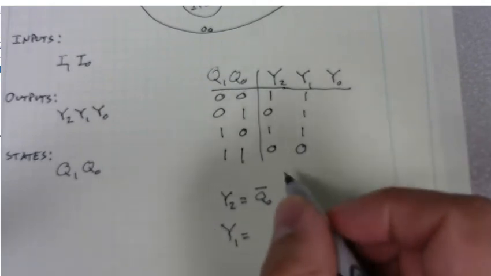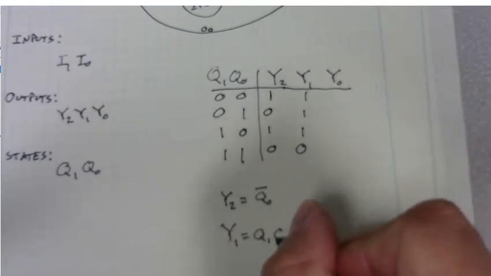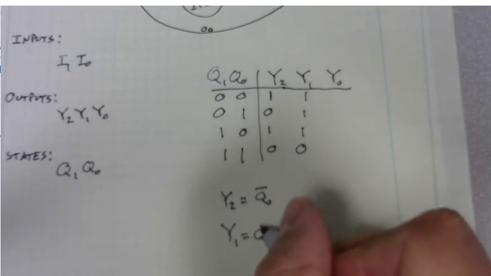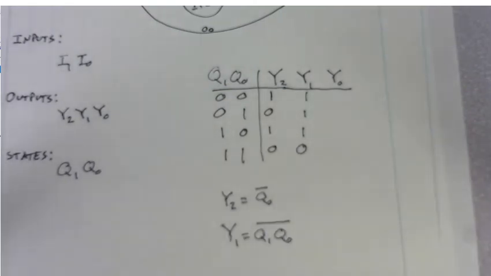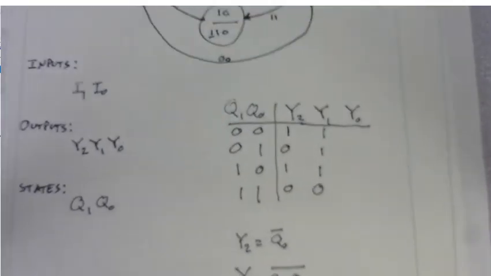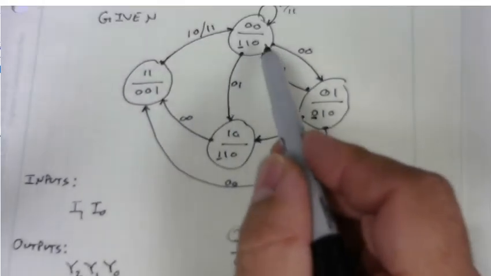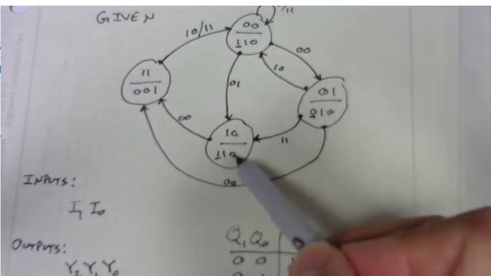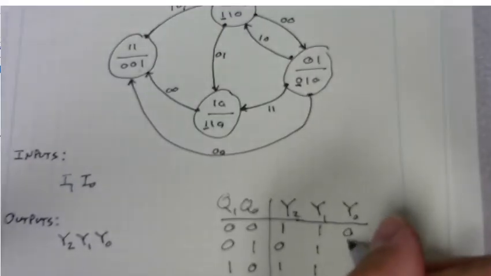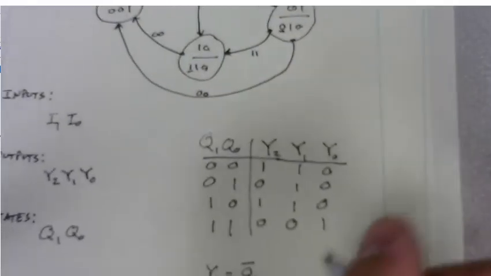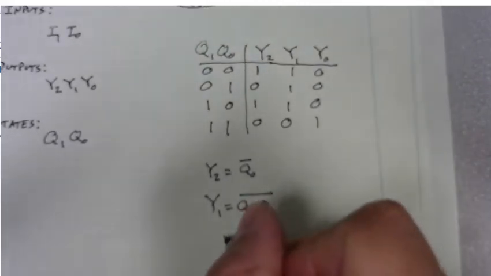So it's Q1 and Q0 NANDed together like that. And then Y0, we have 0, 0, 0, 1. And so Y0 is simply going to be Q1 AND Q0.